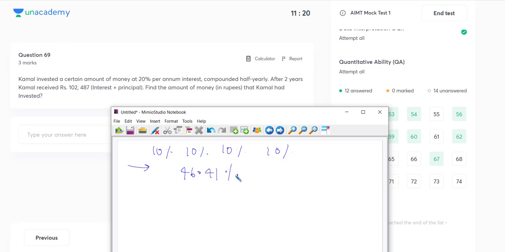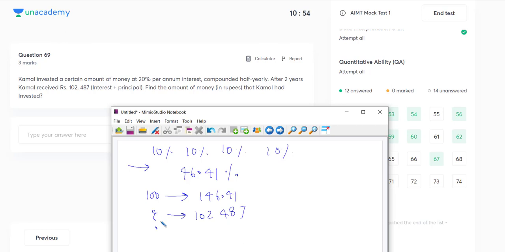So what does it mean? If I invest 100 rupees, I will get 146.41. Now over here I got 102,487 rupees. How many rupees did I invest? I will be using the calculator here for the quick calculation.